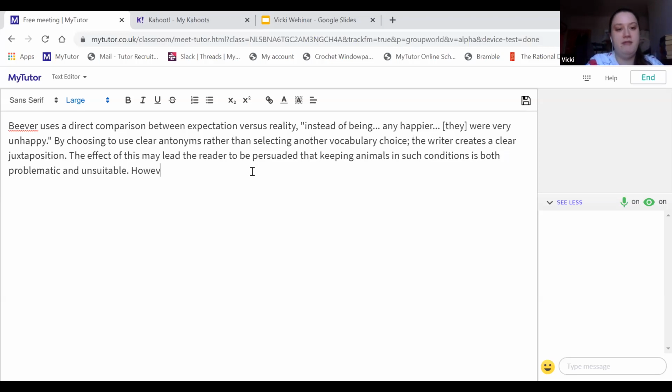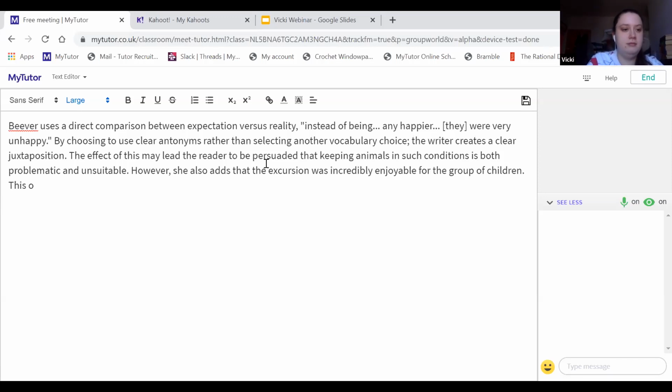Now I'm going to take it a little bit further. However, she also adds that the excursion, and an excursion means an activity outside of school. So if you were going on a trip to a museum, for example, or, I don't know, some sort of adventure park, something like that, that would be an excursion. She also adds that the excursion was incredibly enjoyable for the group of children.